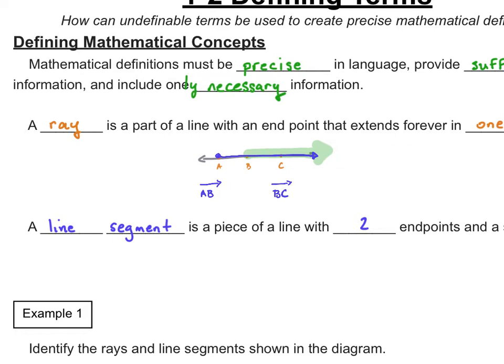And then if we had ray BA going off in this direction to the left, that would be written as ray BA, because the starting point was B and then we passed through A. So just being able to look at how we would write a ray and what it looks like.